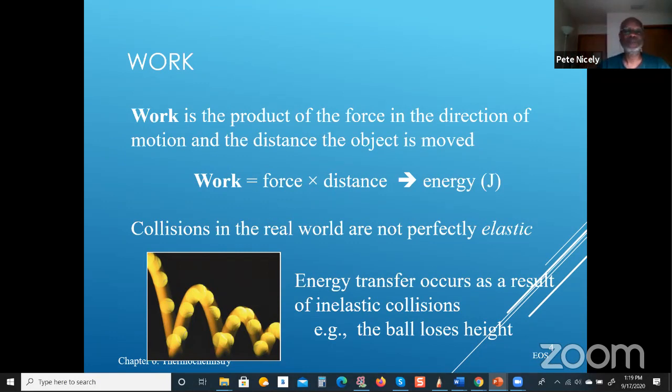So therefore some energy will be lost as a result of that. The ball might get warmer. So therefore some heat energy is lost as well. So that explains why with each bounce, the height of the bounce becomes lower and lower, all right? So that's just a demonstration of the fact that the collisions of particles are not elastic.